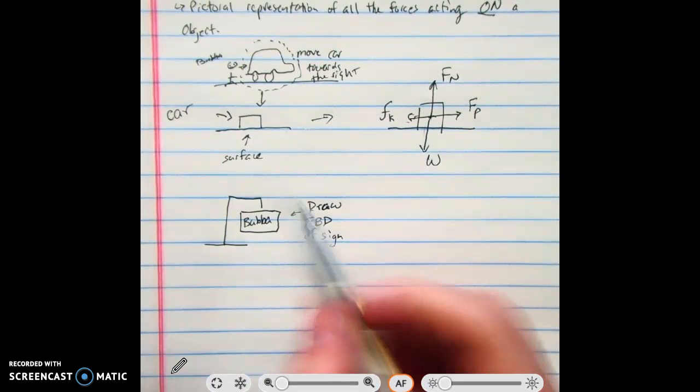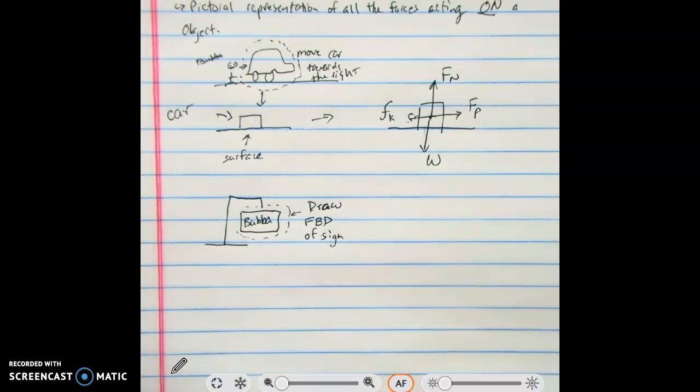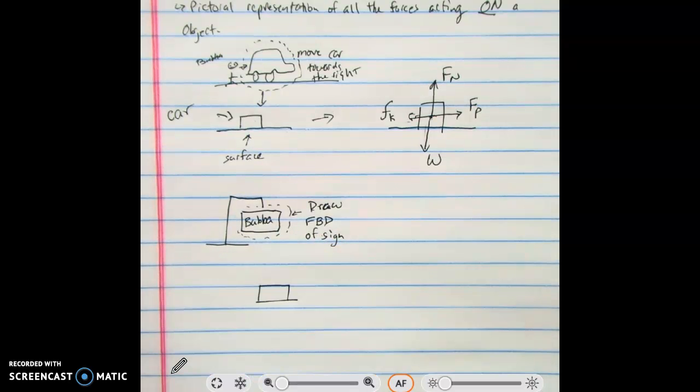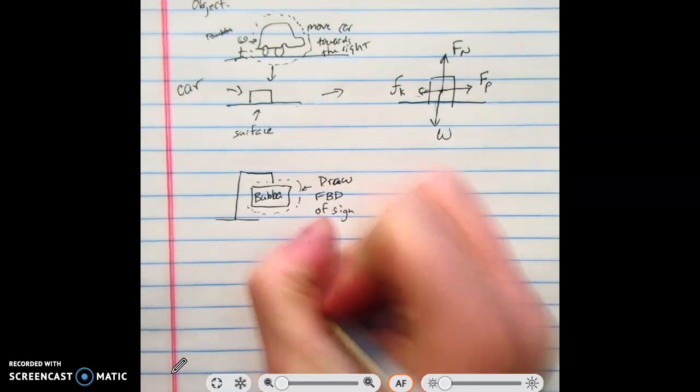Once again, we're going to look at just the sign itself and all the forces acting on it. So here's the sign. Put my little dot in the middle.